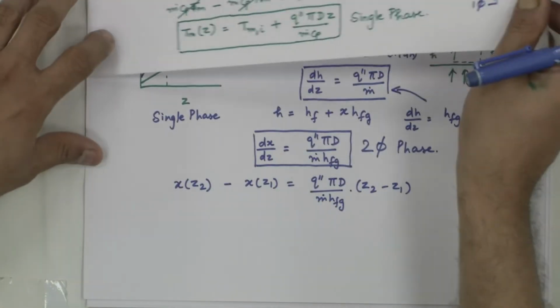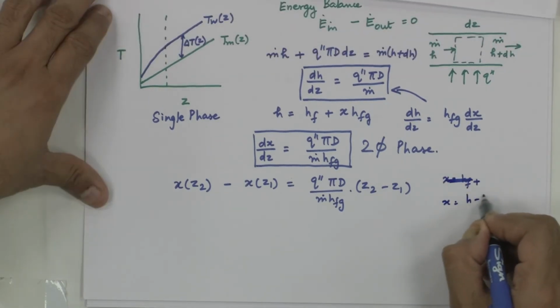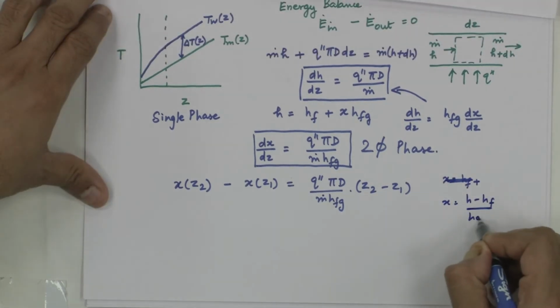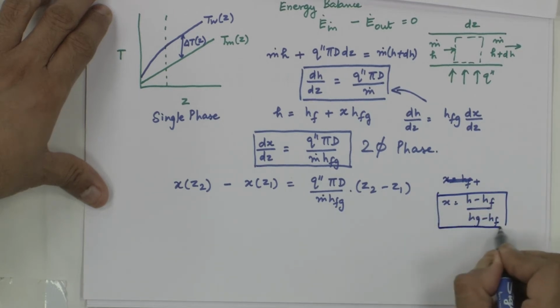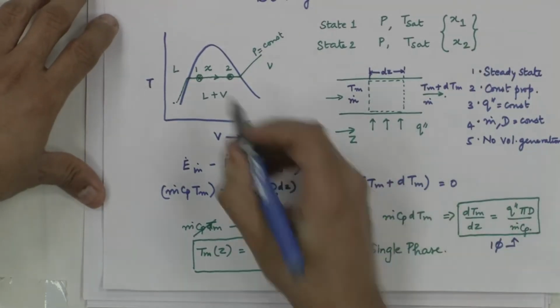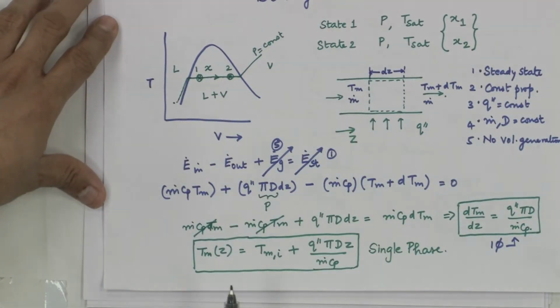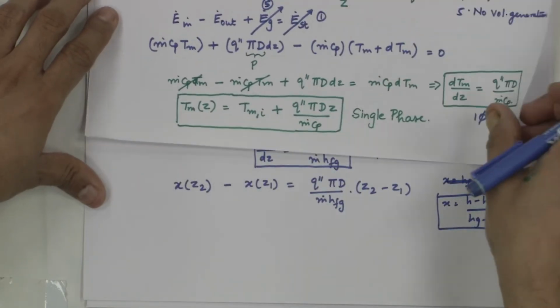In fact, you would write x is equal to H minus Hf divided by Hg minus Hf. This was your definition of thermodynamic quality, and at state 1 it would be the enthalpy value corresponding to state 1. If you were given the enthalpy, you would find the quality, or if you were given the quality, you would find the enthalpy appropriately.